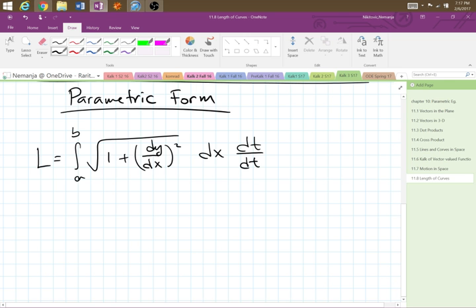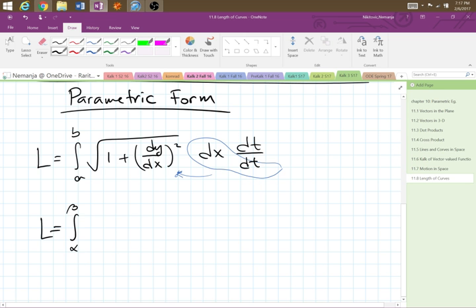What I'm going to do is combine these two, put dx over dt, and shift that under the square root. So what I get is that L is equal to the integral. Now I'm going to change a and b into alpha and beta, because they're not the same a and b. Remember, we are now changing the variable for the problem.